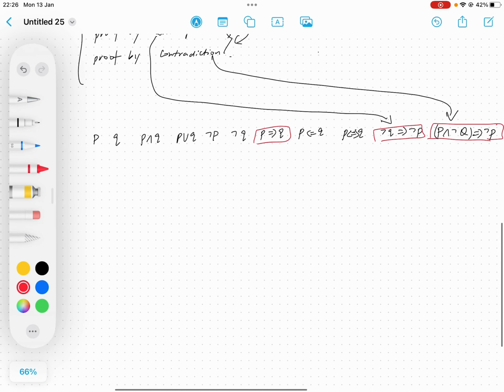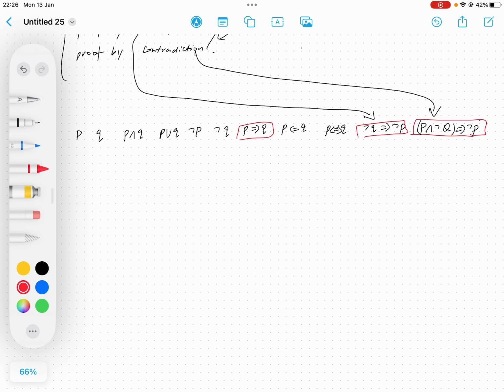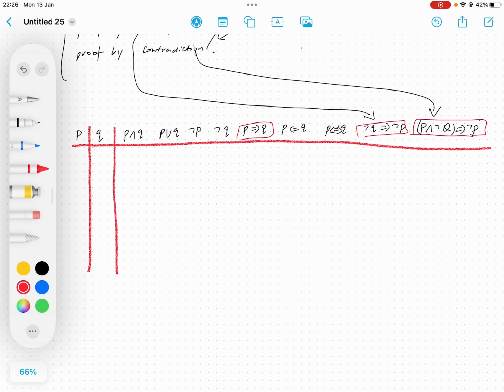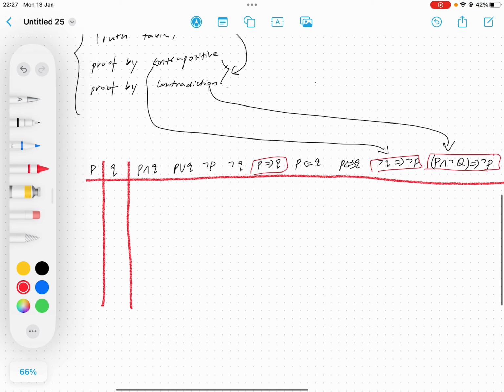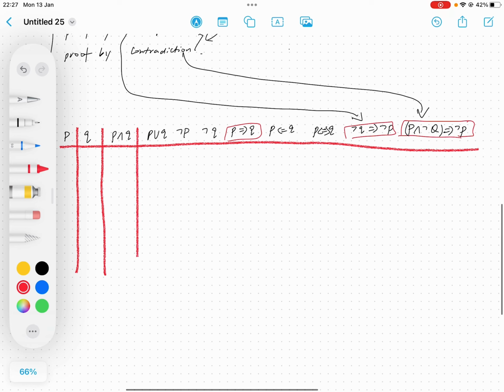So next, we're gonna see what this truth table is, okay? So here we have this as the header of this table, okay? Each one of those arguments or propositions is taking one column, okay? So for example, we're gonna fill in all the possible cases, okay? So let's start with P and Q, okay?